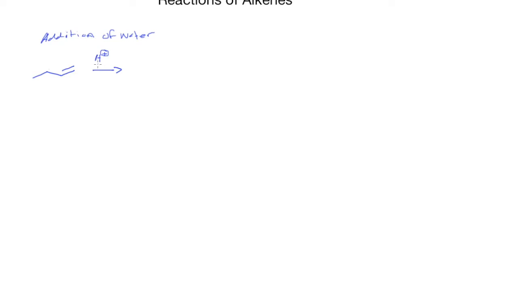All right, except what really is H plus? Well, we might think of H plus in this case as H2SO4, sulfuric acid, and then we're going to add a little bit of water to our reagent. So this guy is equal to H plus here.